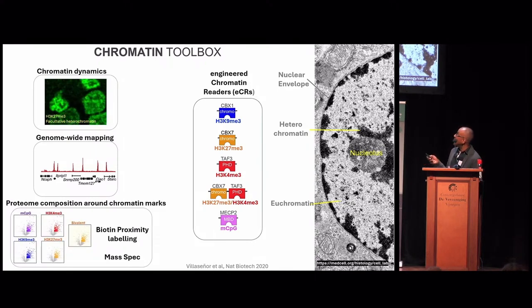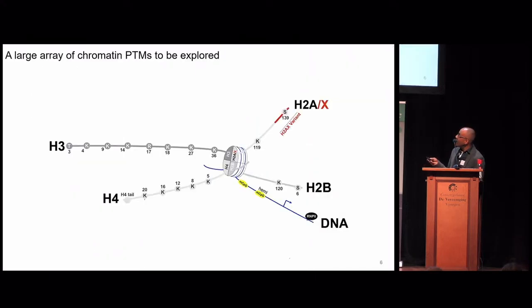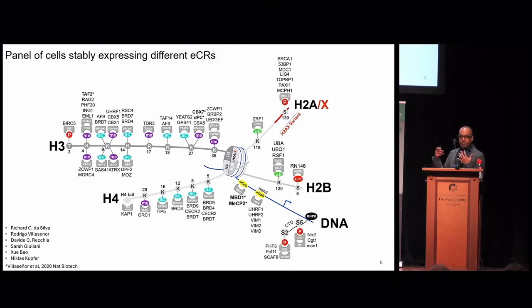We know that there are different moieties that can be explored, either in acetylation, phosphorylation, or fucosylation. So there's a very vast array of different moieties to be explored. And for that, what we've done, it's a tour de force for many different people in the lab along the years.